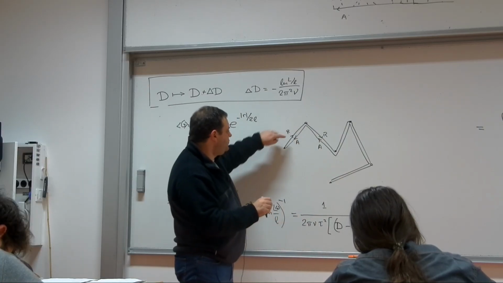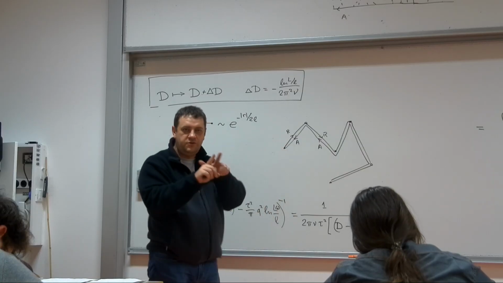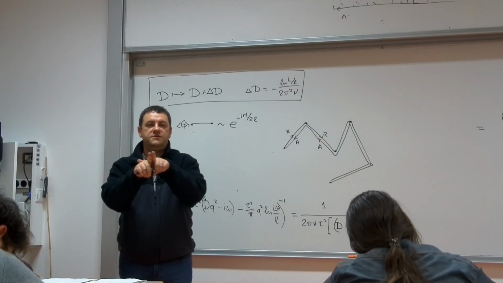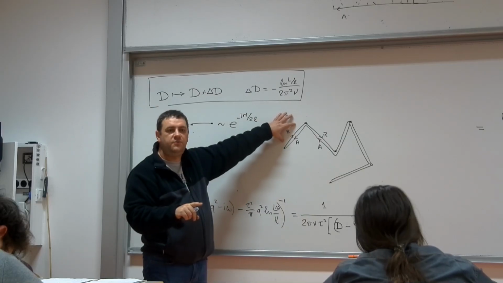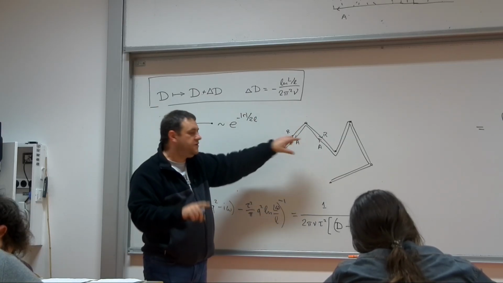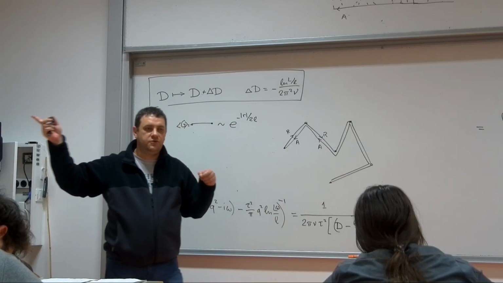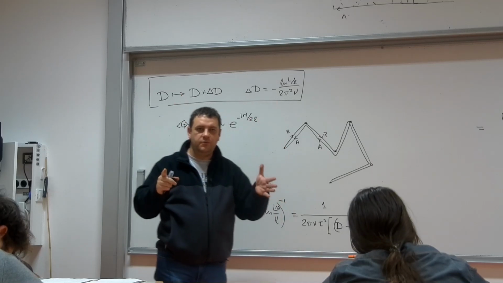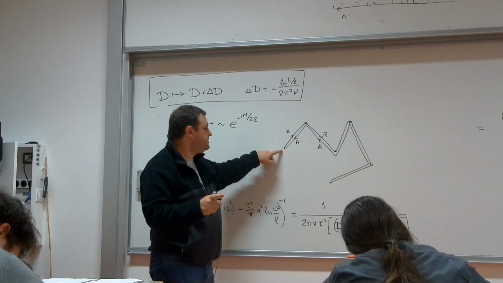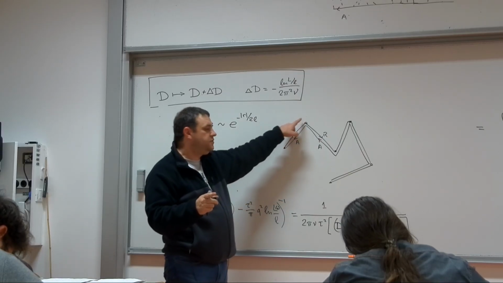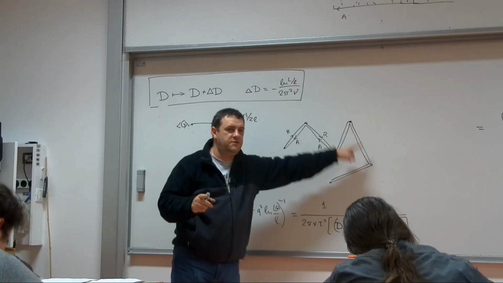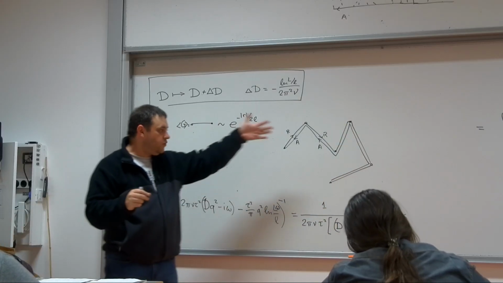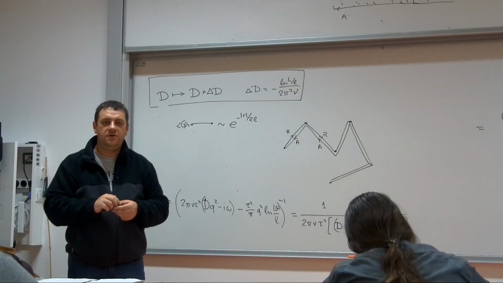Between any two impurities, I have this retarded-advanced pair, which is just the classical probability. It's the square of the amplitude. The advanced function is the complex conjugate of the retarded, so the product of them is just the square modulus of the amplitude. It's a classical probability to go from here to here, then to here, then to there, and so on. That's why this is a classical diffusion.